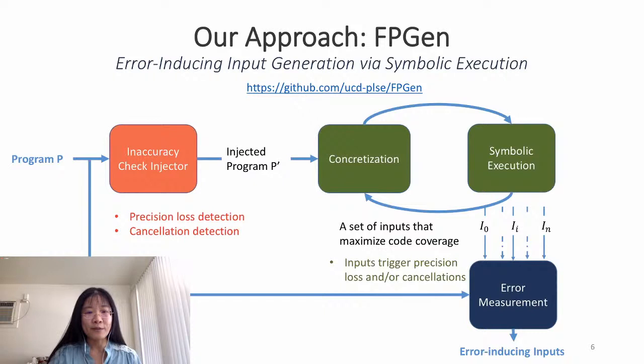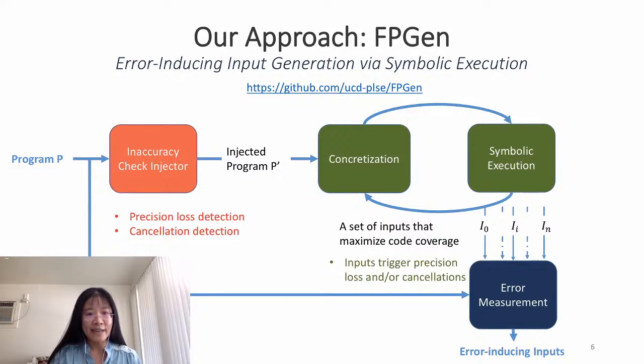The second module, concretization and symbolic execution, iteratively partitions the input variables into 2 groups. Input variables in one group are concretized with random values, and input variables in the other group are symbolized for symbolic execution. We then monitor the status of the symbolic execution engine.